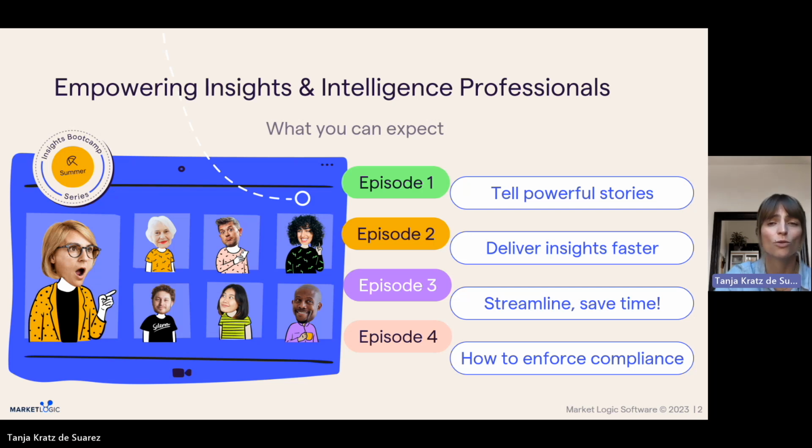Episode 4 hones in on compliance, demonstrating how you can effortlessly deliver market research that adheres to 100% compliance with both internal and external requirements and reporting obligations. Now, this is especially crucial for industries like healthcare and pharmaceuticals, where stringent regulations demand utmost precision.